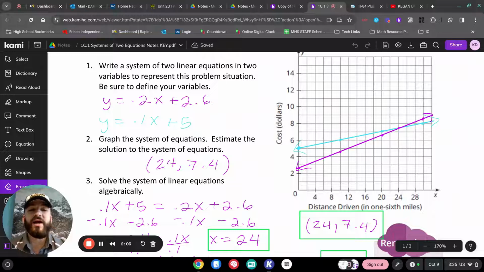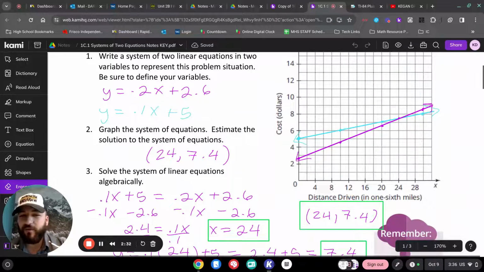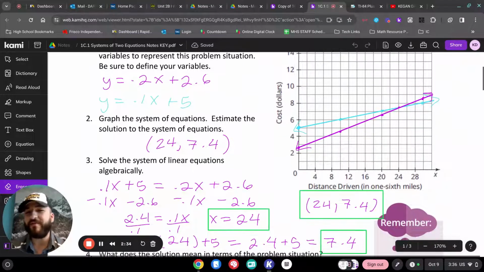So to kind of help read this graph a little bit, I'm going up by $1 in cost every 10 miles, which is the same as 0.1, 10 cents every mile, and then 20 cents every mile, or $2 every 10 miles. Makes it a little bit easier to kind of see. Now, looking at this graph, it looks like we have an intersection point. If I was to estimate, it's probably somewhere in the 24 to, it looks like 7.5 maybe. I did get, of course, 7.4 because I've done this before, but you might have gotten something in the 24 to 7.5 kind of range.